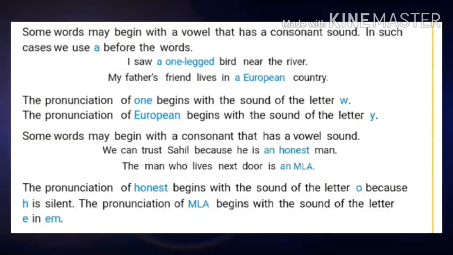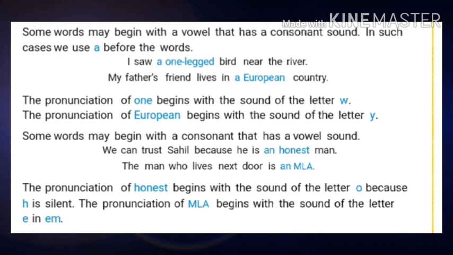Let's learn more about definite and indefinite articles. Some words may begin with a vowel that has a consonant sound. In such cases, we use a before the words. Examples, I saw a one-legged bird near the river. My father's friend lives in a European country.